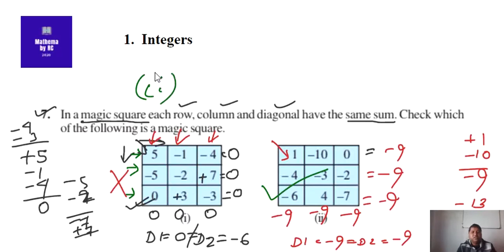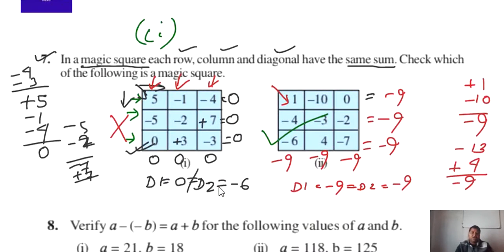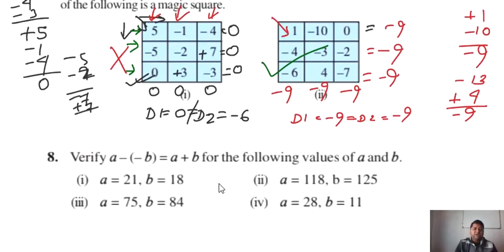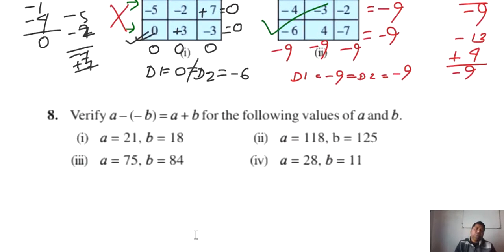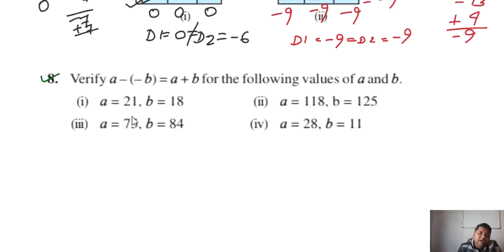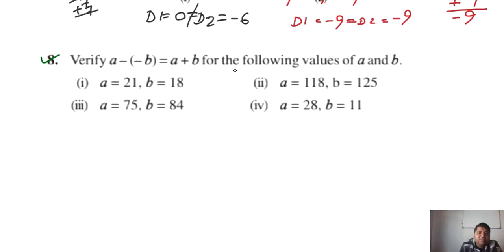Okay. So we count diagonal 1 and diagonal 2. Now in number 8, here we verify A minus B, that means A plus B, for the following values of A and B in examples 1, 2, 3, 4.